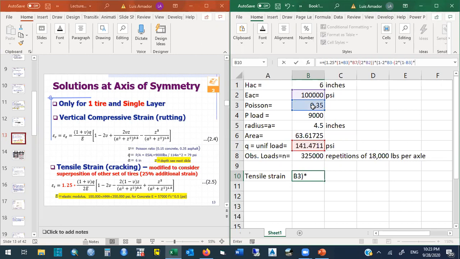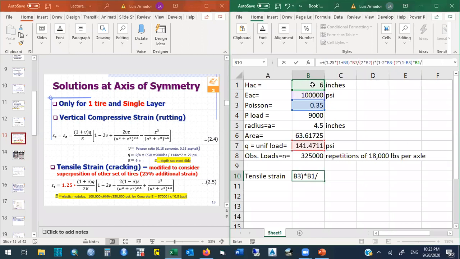I don't have the depth. But do you guys see that the depth is the same as the thickness of the AC layer? That's what we talked before, right? So it is this one, H. Yeah, it's the H, exactly.